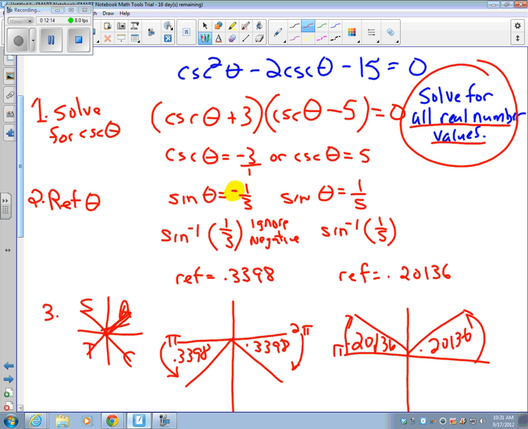Now, there are different ways I can say I want them all. I can say I want all general values, all real number solutions, I want all the real numbers. Those are all different ways of asking the same thing. But if you don't see a 0 to 2 pi or a 0 to 360, you know you've got to add the 2 pi k.